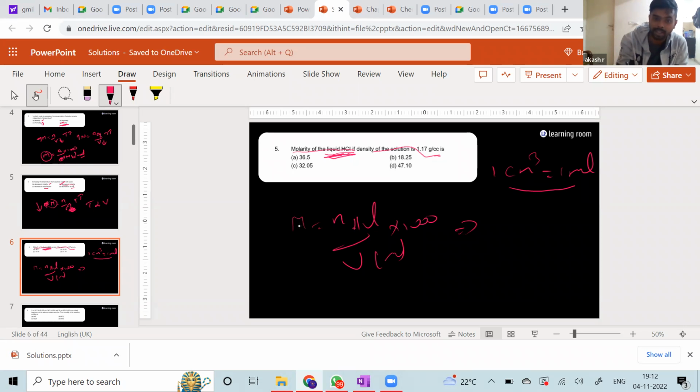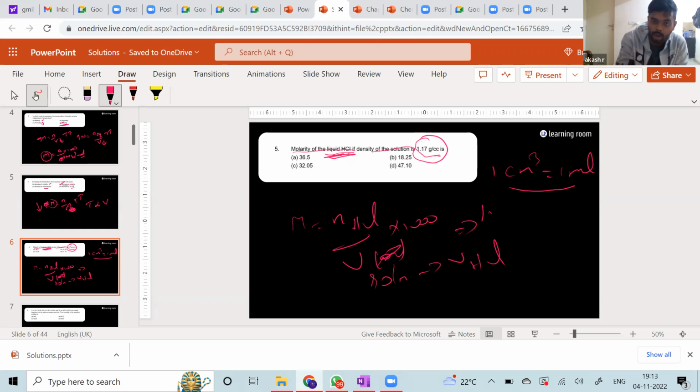So the volume of solution is nothing but the volume of HCl only, because it is not a solution anymore, it is just a liquid. Now what do you understand from the density being 1.17 gram per centimeter cube?